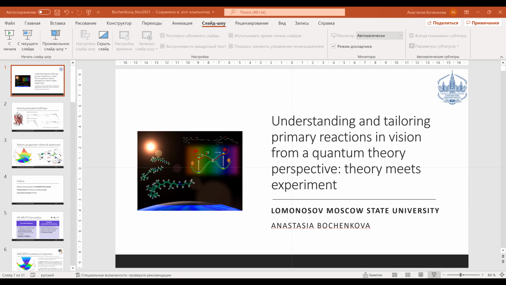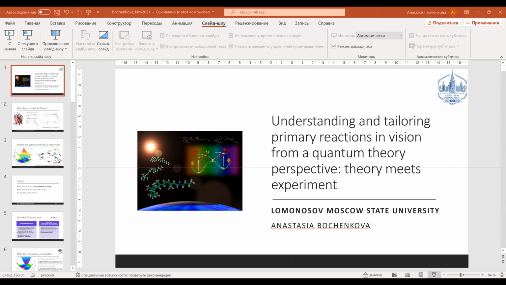But in both environments, we believe that the photoisomerization occurs on a very fast, ultra-fast sub-picosecond time scale, and the reaction is highly specific, which means that only isomerization across a particular bond occurs. And also, as you already know, the photoisomerization reaction proceeds with a very high quantum yield.